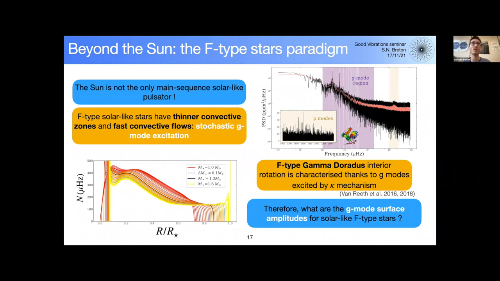But we have to remember that the Sun is not the only main sequence solar-like pulsator. Kepler has observed hundreds of other solar-like pulsators in the main sequence. And if we carry our interest on the F-type stars, which are hotter and with a mass slightly higher than the solar mass, we have stars which have a thinner convective zone and faster convective flows.